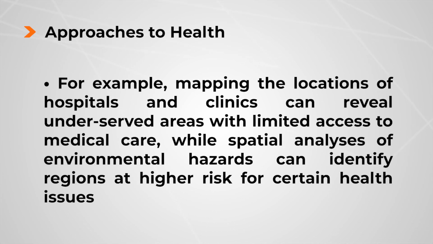The growing role of GIS as a tool for both qualitative and quantitative data makes it more attractive than ever. For example, mapping the locations of hospitals and clinics can reveal under-served areas with limited access to medical care, while spatial analysis of environmental hazards can identify regions at higher risk for certain health issues.